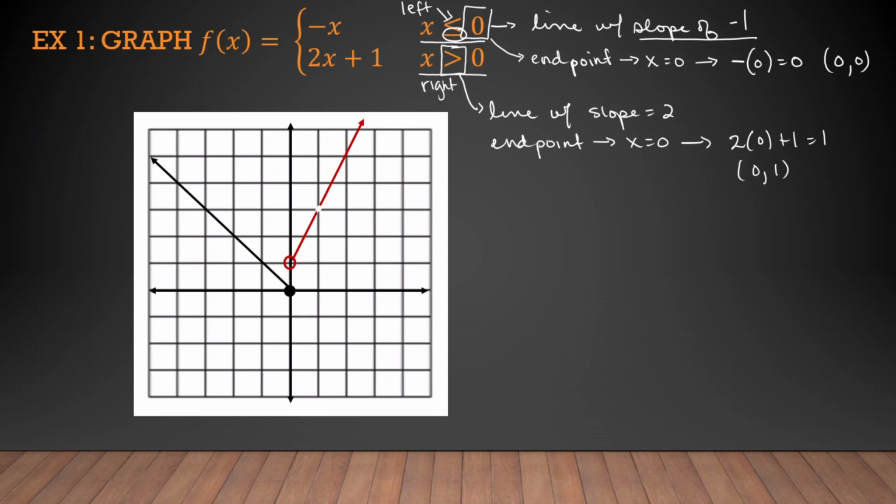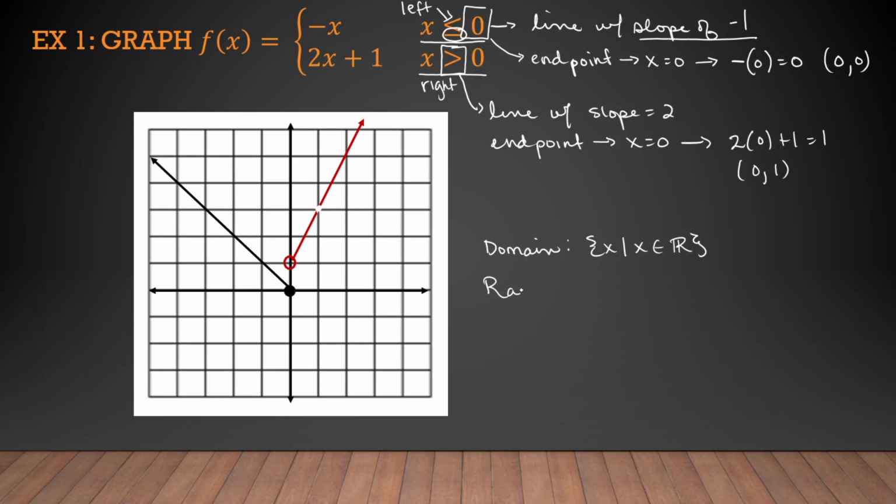Together, they make the function. It is a function because it passes the vertical line test. Now we can talk about its domain. The domain would be all reals, because it is doing everything less than 0, everything greater than 0, equal to 0, so it's getting everything.